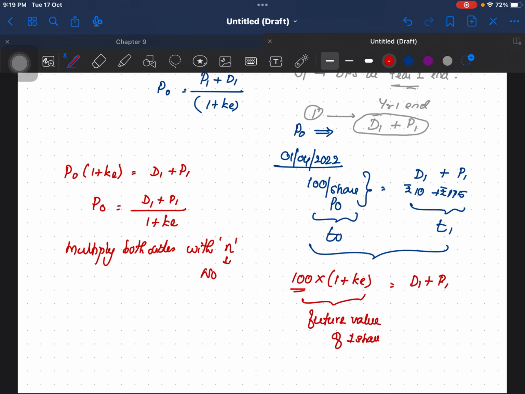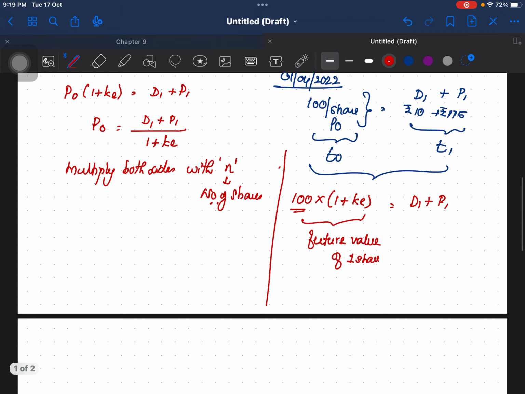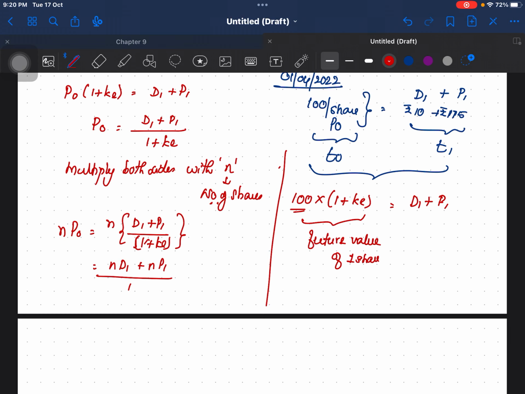If you multiply it with n, it will be nP0 is equal to n into D1 plus P1 divided by 1 plus KE, which is equal to nD1 plus nP1 divided by 1 plus KE.